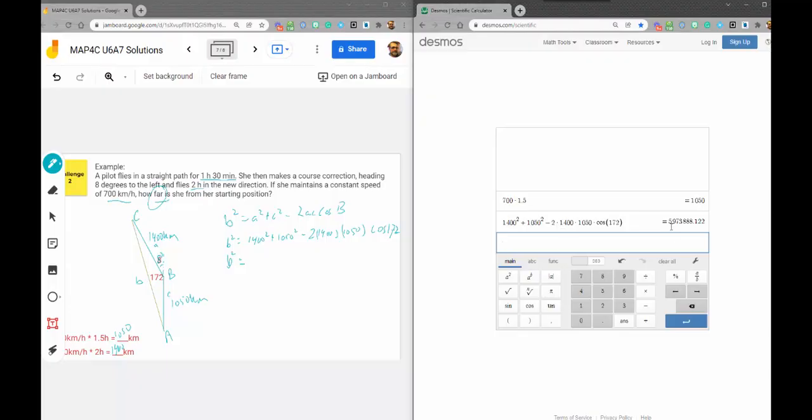So I got this crazy long number. So b squared equals 5973888. That's actually kilometers squared, but I want b on its own.